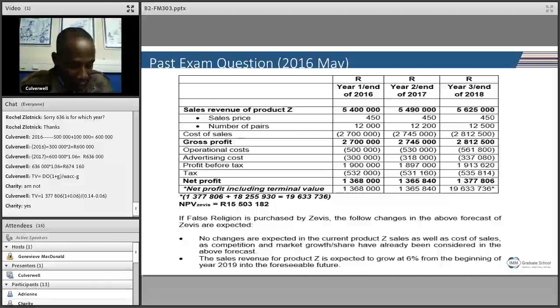After you have done that, you then come and say, maybe should I ask this question? Did any of you make a printout of the guideline for this paper, May 2016? What is your net profit for year 2016? I want us to do the NPV calculation together there.